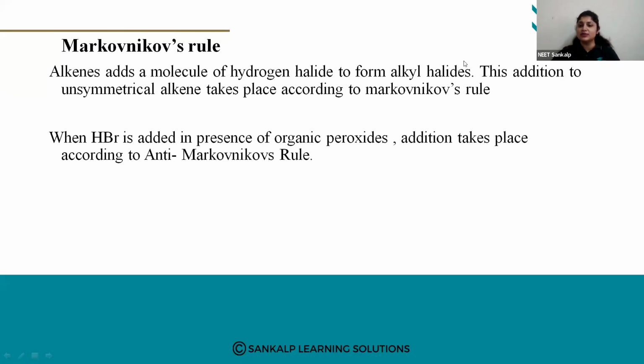Whenever you have an unsymmetrical alkene, the addition takes place according to Markovnikov's rule. Then what is anti-Markovnikov rule? Anti-Markovnikov rule is the reverse of Markovnikov's rule. It takes place in the presence of organic peroxide. So whenever you add peroxide, the anti-Markovnikov rule takes place.